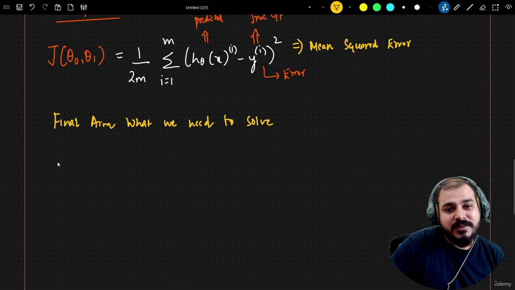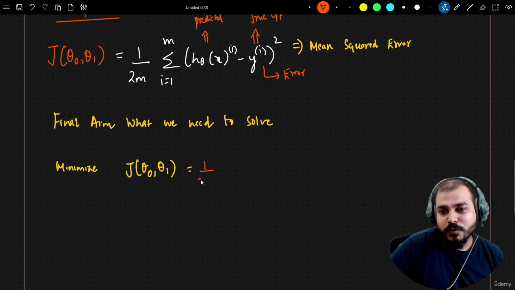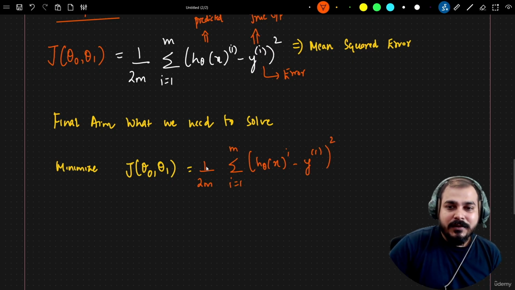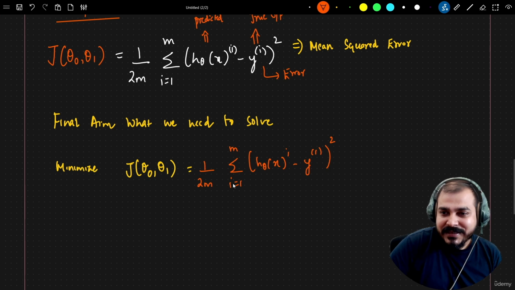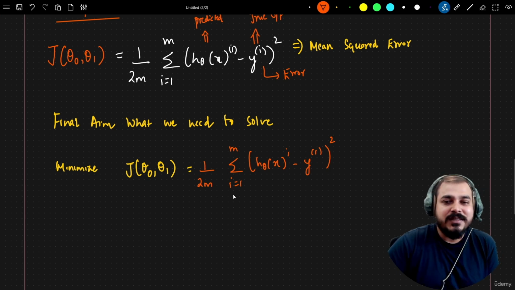Our main aim is to minimize the cost function J(theta 0, theta 1), which is denoted by this equation: 1 by 2m, summation of i equals 1 to m, of (h theta of x of i minus y of i) whole square. Since we are dividing by m, we get a mean, so we call this cost function mean squared error.